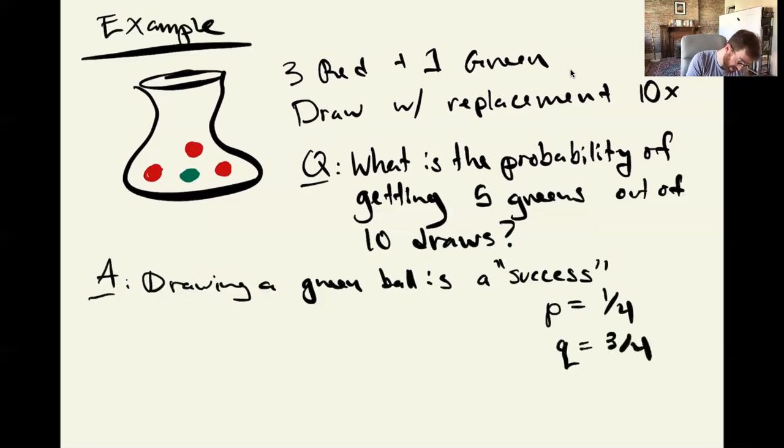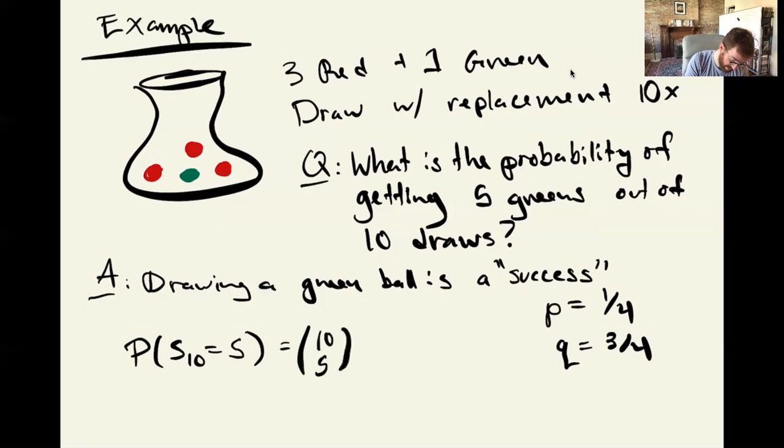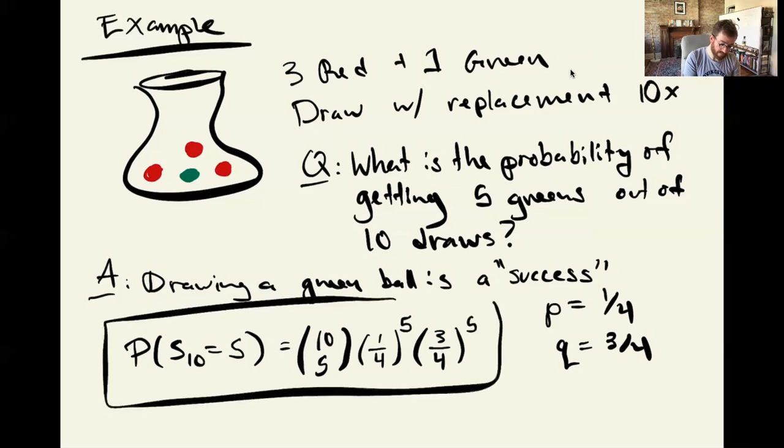And so now I can just say that the probability that out of 10 draws there being 5 green balls, 5 successes, is 10 choose 5 times 1/4 to the 5th times 3/4 to the 5th. And that's it.